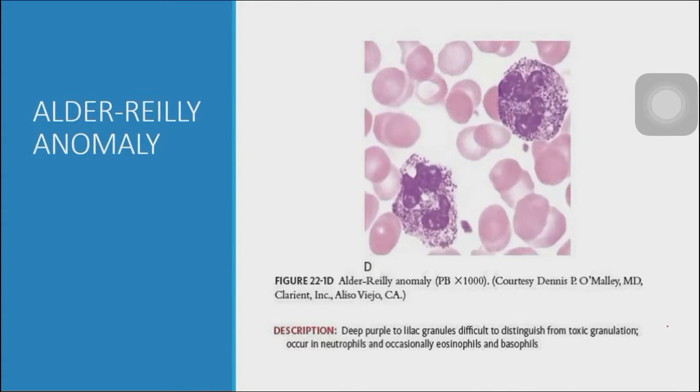What diseases or conditions are associated with abnormal mucopolysaccharide production? We have Hurler syndrome, Hunter syndrome, Sanfilippo syndrome, and Maroteaux-Lamy syndrome. Those are mucopolysaccharidoses, with abnormal accumulation of mucopolysaccharides. Again, don't forget that Alder-Reilly anomaly and toxic granulation may be similar in morphology, but they differ in cause.